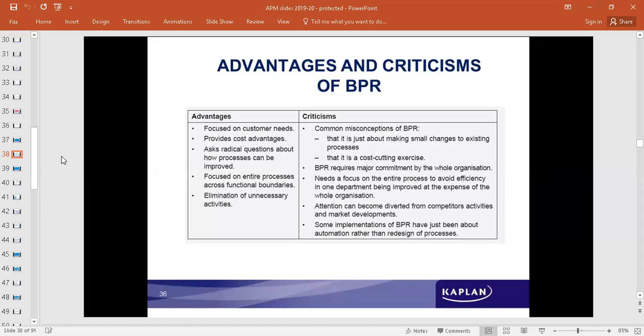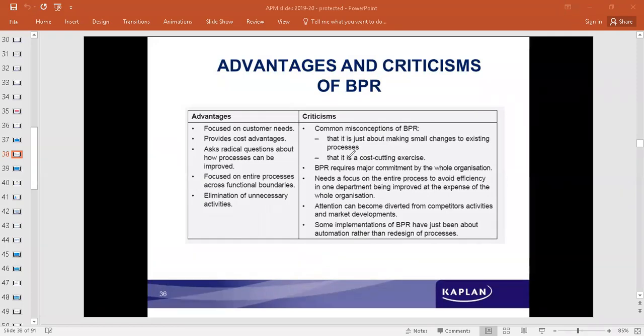So it says it provides cost advantage. A cost advantage is an advantage. We also talk about the cost aspect of it as a disadvantage. It says that it is not about cost, it is not a cost cutting exercise. What does it basically explain? When everything is radically redesigned, there is huge investment which goes into taking up those changes.